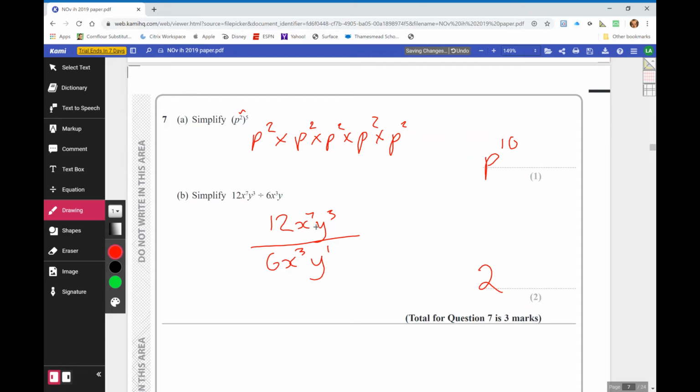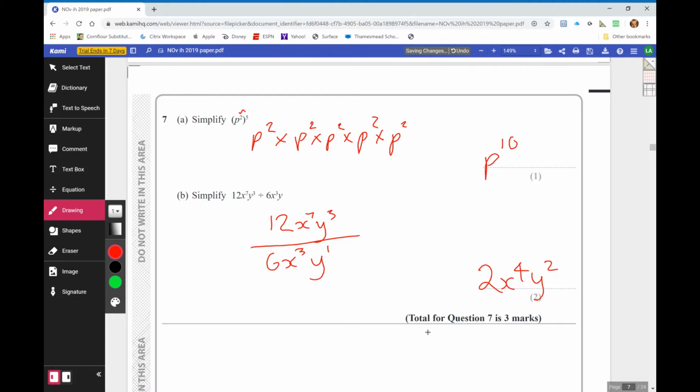Now when you're dividing, you minus the indices, because basically x to the power 7 is x times itself 7 times, and then you're dividing it by x times itself 3 times. It's just cancelling down. So therefore on the top you will have x to the power of 4, and then y to the power of 3 divided by y to the power of 1. So you're just taking one of those away, 3 minus 1. So y to the power 2.